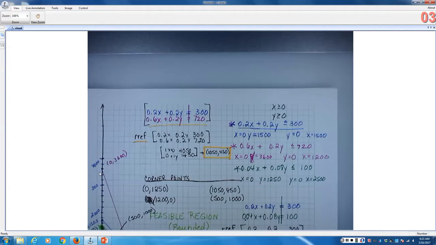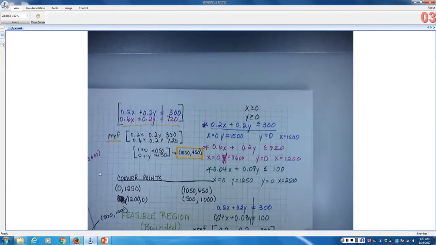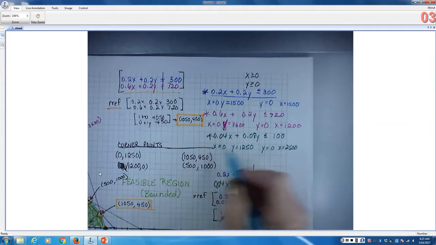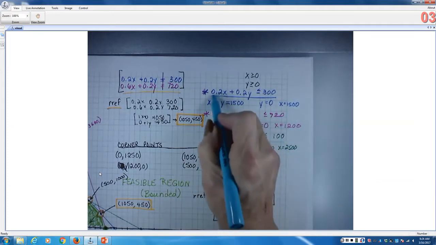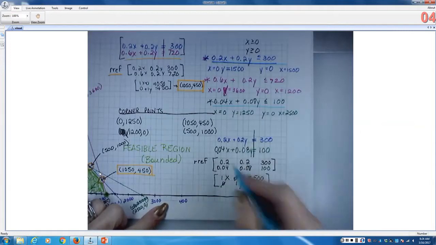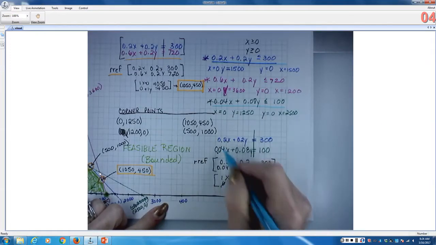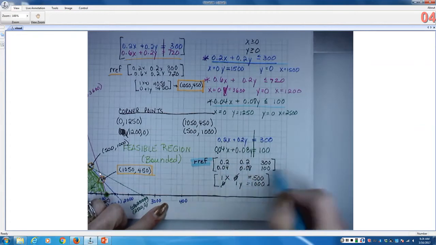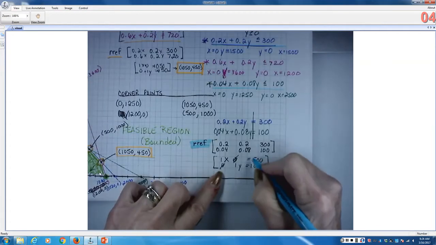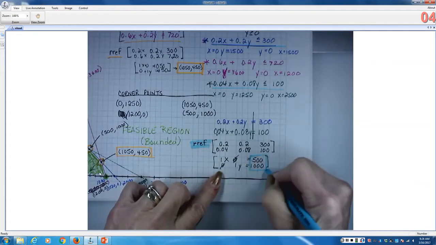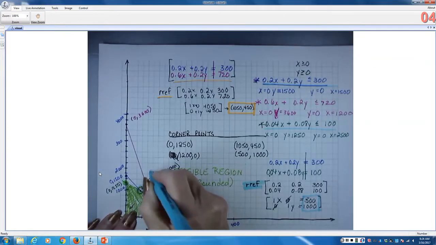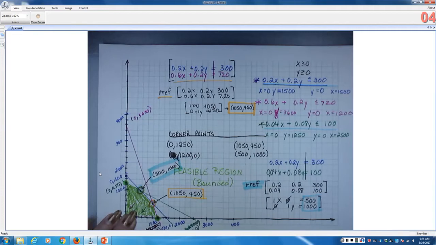And then we looked for the blue equation and the green equation, which was this one and this one. So we put them together and we found the reduced row echelon form of their matrix, found the solution to be 500, 1000. So this corner point was 500, 1000.